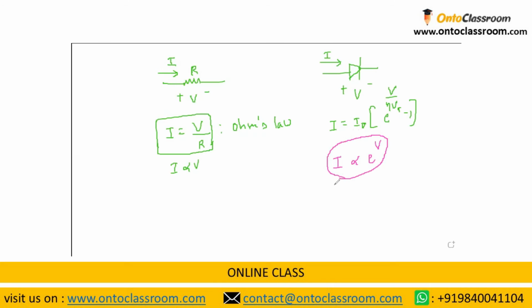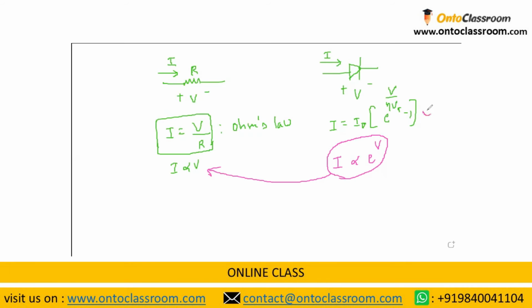And having said this, I just want to tell you that this relation is entirely different from the resistor. In the resistor, we got a peculiar relation that I is equal to V by R. But in the diode, we are getting I is equal to I naught into e power V by eta Vt minus 1.